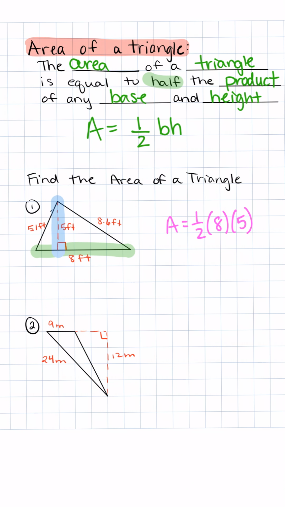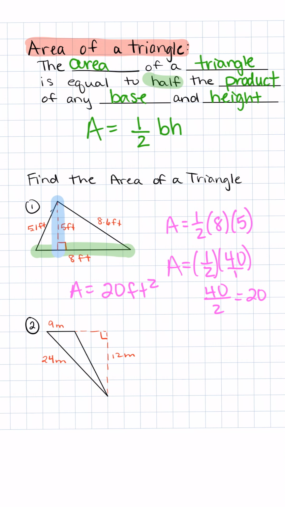Okay, so 8 times 5 is 40. We multiply that by 1/2. That's like saying 1 times 40 is 40, 2 times 1 is 2. 40 divided by 2 equals 20. The area equals 20 feet squared.